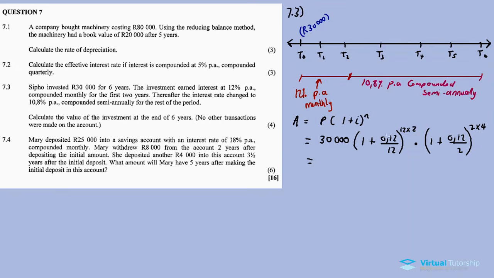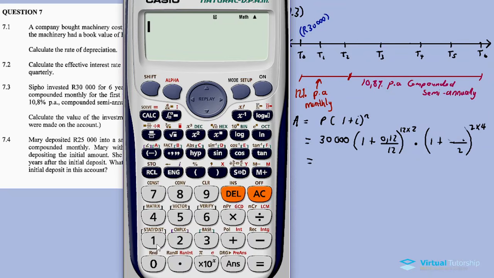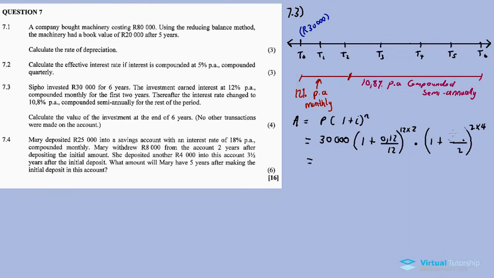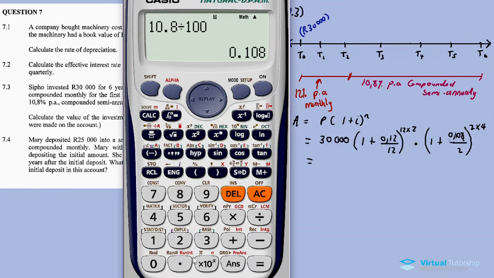For the first 2 years the interest rate is 0.12, and then for the remaining number of years, let me erase here. Sorry for that. 10.8 divided by 100 is equal to 0.108. So 0.108 divided by 2. Now let's recalculate.